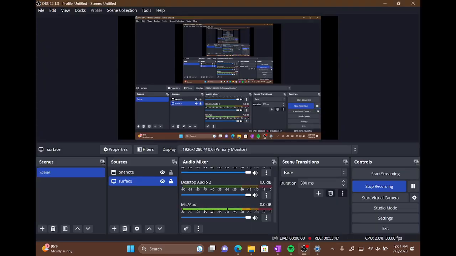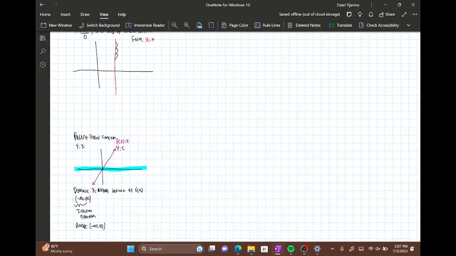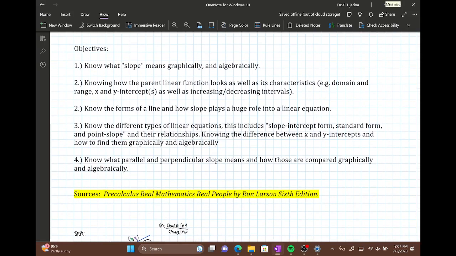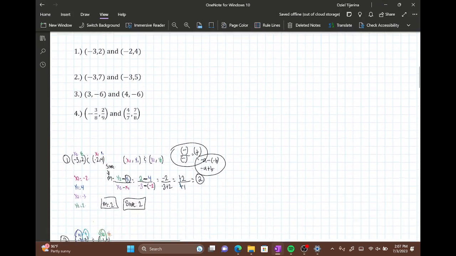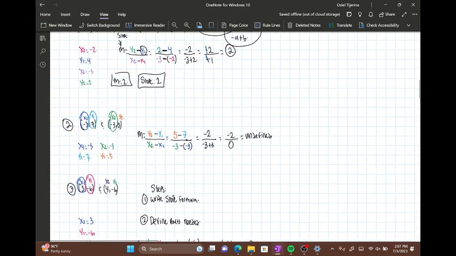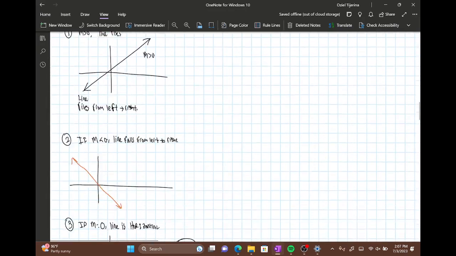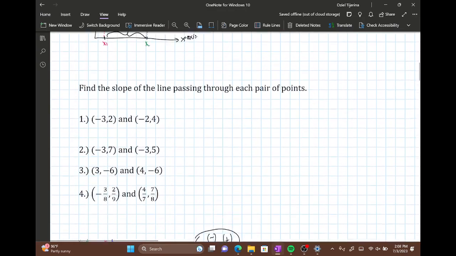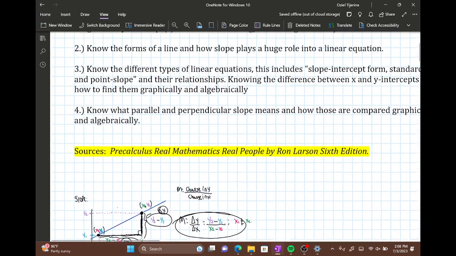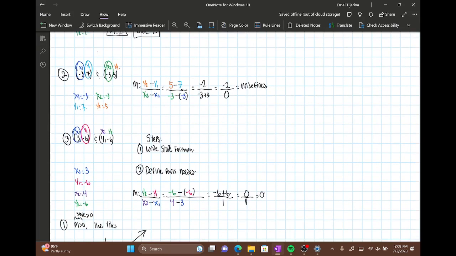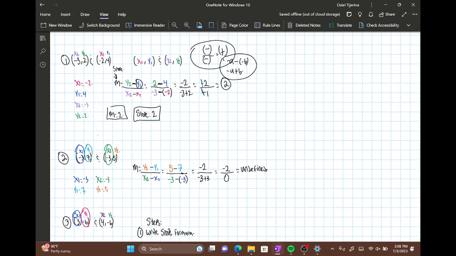Okay, guys, so I think I'm going to end it here. This is going to be part 1, so I want to just recap what I went over in this video. I went over what slope means algebraically and graphically. Mostly I found them algebraically here.